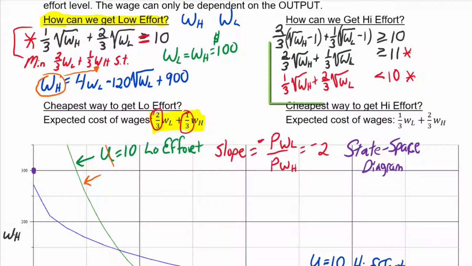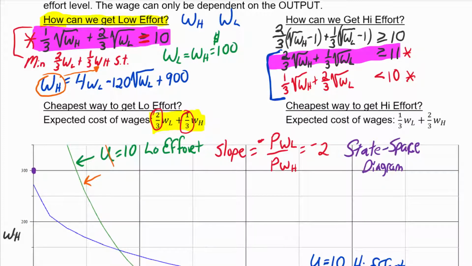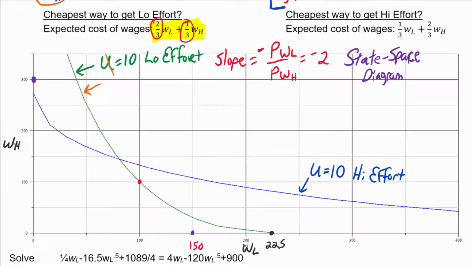So if we set these two equations equal to each other, we'll get the solution that solves this for equality. Or what we're really doing here is taking this constraint, except with a less than or equal to sign, and this constraint, and seeing where the two intersect. And that's what we already have a graph of here.